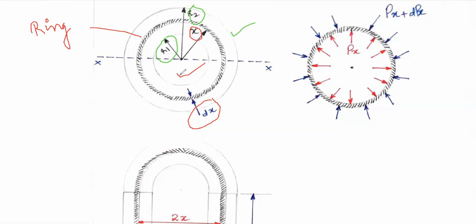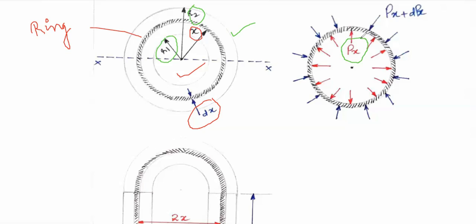I repeat, whenever there is a fluid which is stored at high pressure inside this closed container, it will exert a pressure on the elemental ring or the inner surface of the cylinder. So that pressure I have shown as Px.